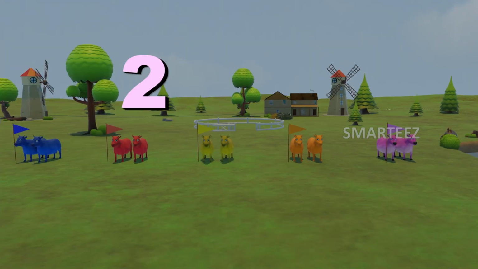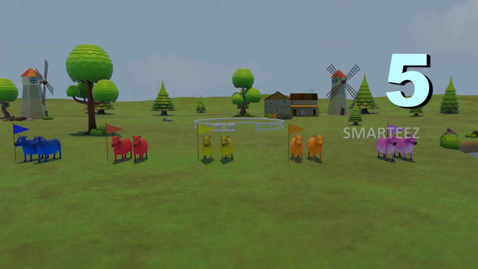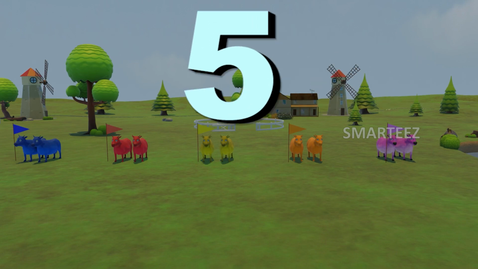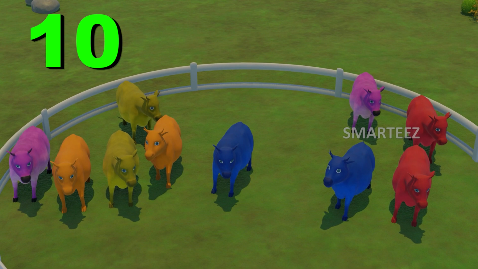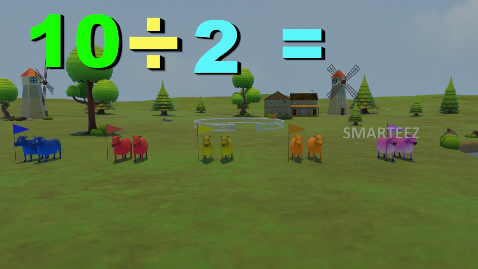One, two, three, 4, 5. There are totally 5 areas. There are 2 of them in each area. When we divide 10 by 2, we get 5.